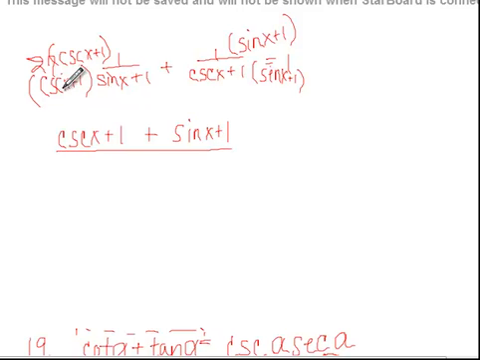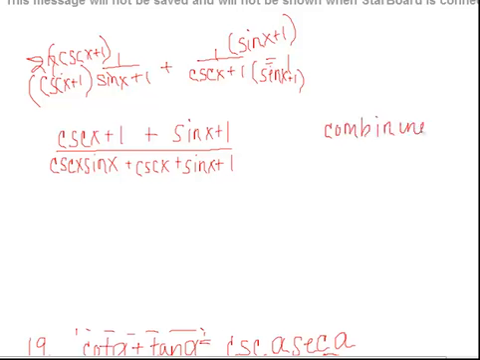So cosecant of x times sine of x, so fronts, outsides, insides, and lasts. So right now, that was just me combining fractions, adding them to be precise. Once again, I needed a common denominator.